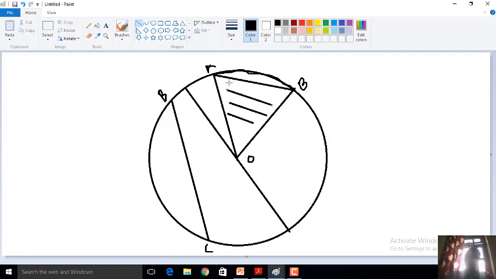It is known as sector of the circle when we join the end points of the arc to the center, obtaining two radii and the arc. So this is all about the circle.